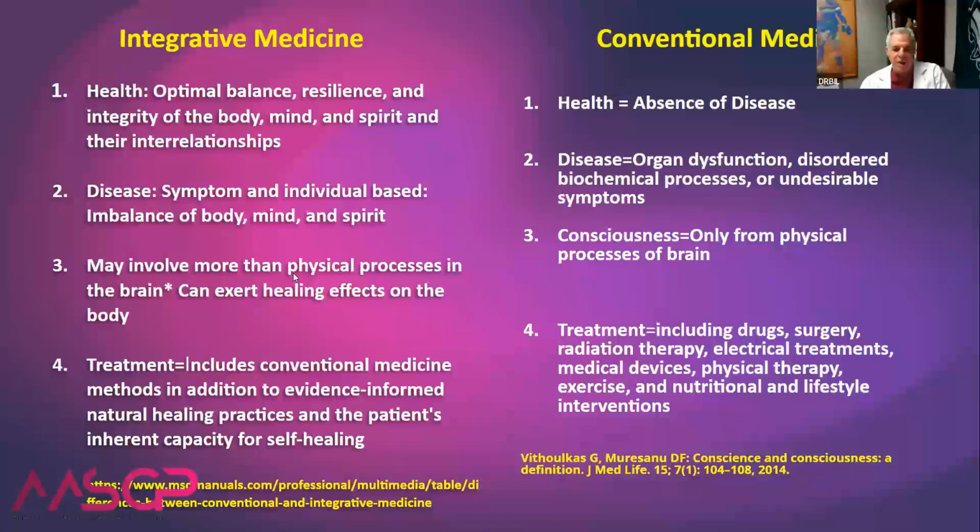The brain can help exert healing effects on the body, and in conventional medicine, it's usually only the physical processes. Treatments can include conventional medical models, in addition to evidence-based natural healing practices and the patient's inherent capacity for healing. And I'm a DO, and that's what the DOs ascribe to. Treatment includes drug, surgery, radiation, electrical treatments, medical devices, nutritional and lifestyle interventions, and that's, for the most part, usually done with a wink and a nod.